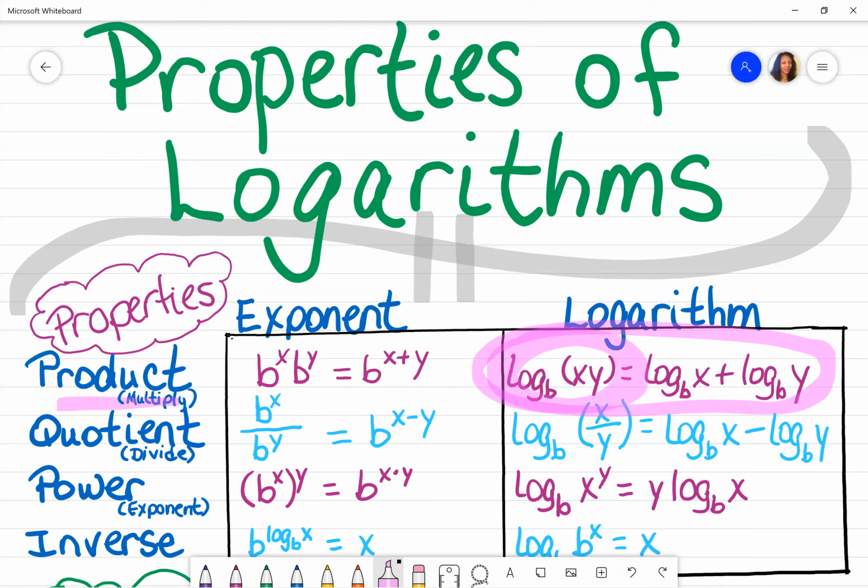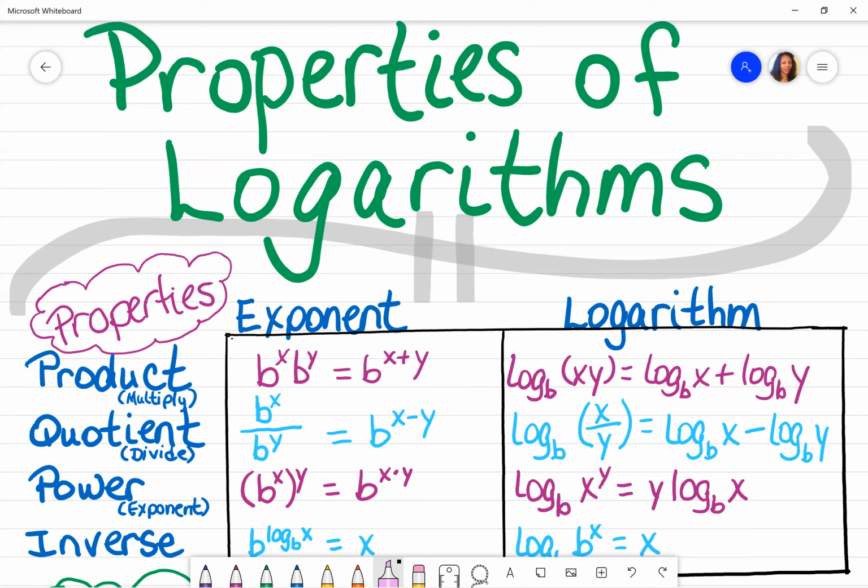I'm going to rewrite it as one log, and then I'm going to take the value that's next to it, which is x times y. So that's what it means when I have an addition sign in between two logs. This is going to be helpful in a few minutes when we start working on some of the problems.